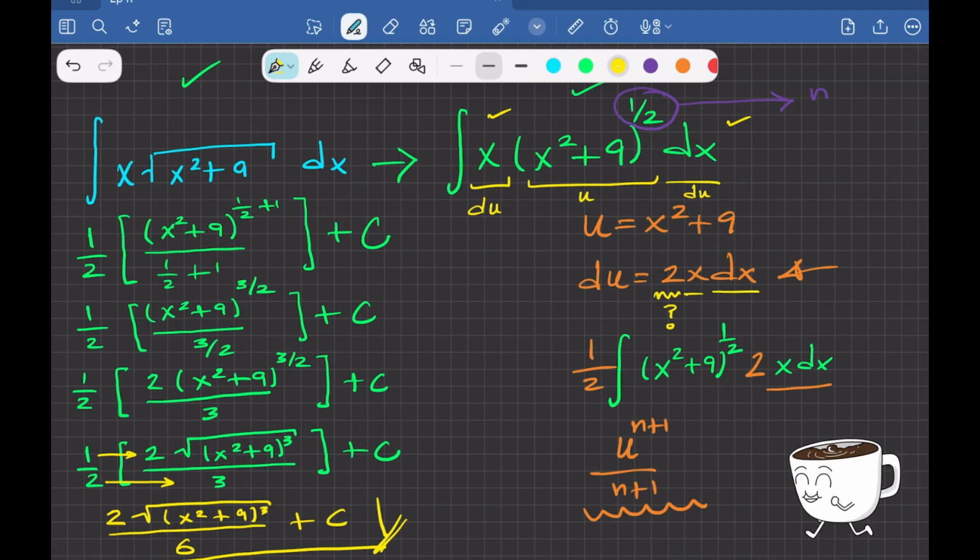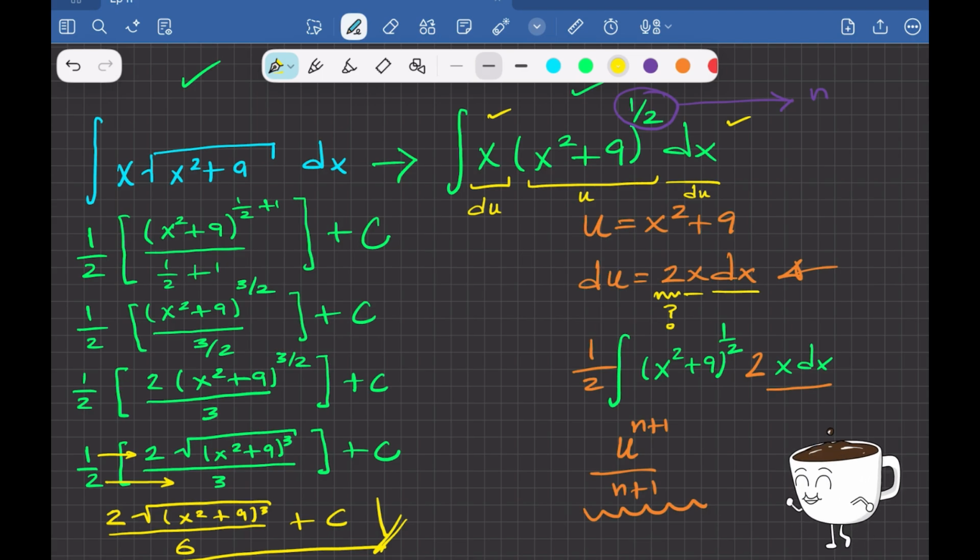In that particular case, we were left with 1/2 plus 1. In the following episodes, I am going to leave a special one to explain the sum of fractions, or a fraction plus an integer. 1/2 plus 1 gave us 3/2, divided by 3/2 and multiplied by the 1/2 that we already had on the outside.